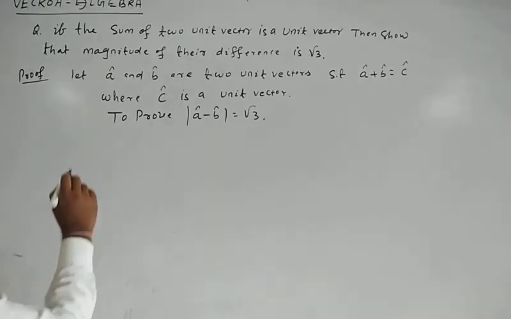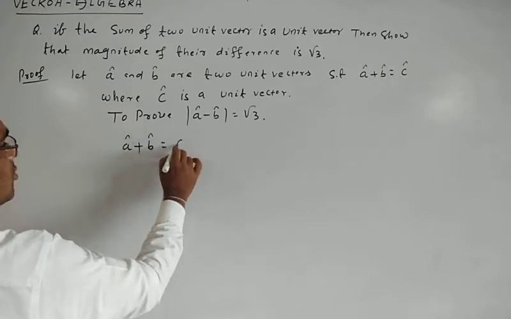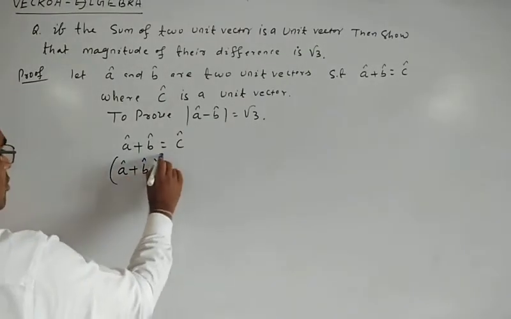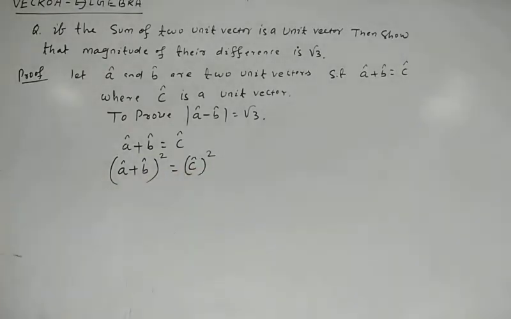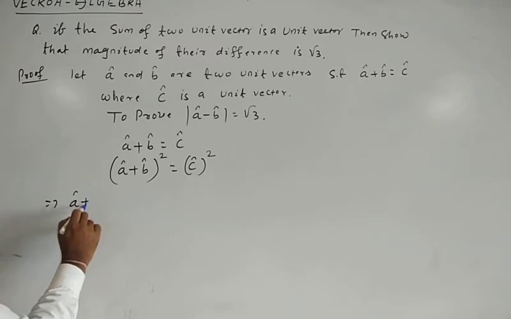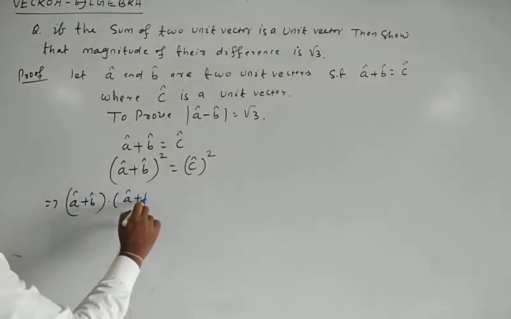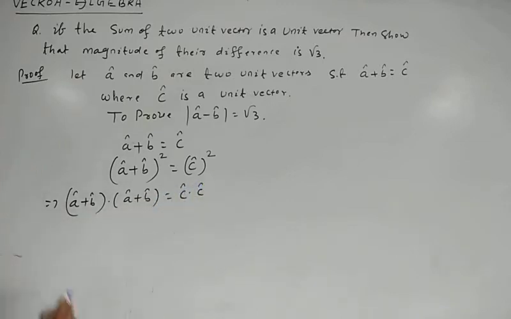Okay, so A cap plus B cap is equal to C cap. Taking square on both sides, that implies A cap plus B cap dot A cap plus B cap equals C cap dot C cap.